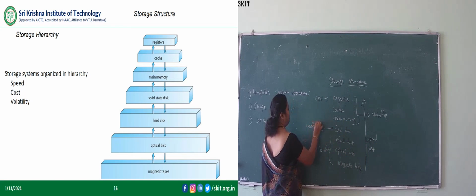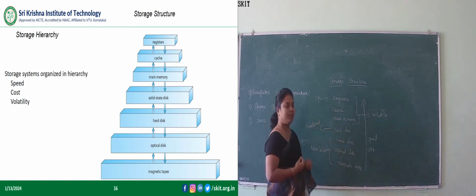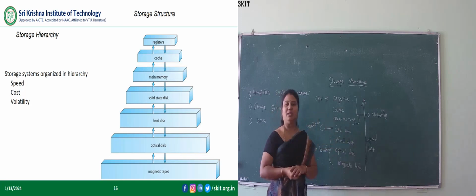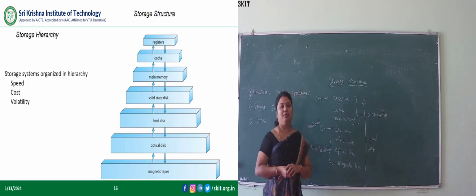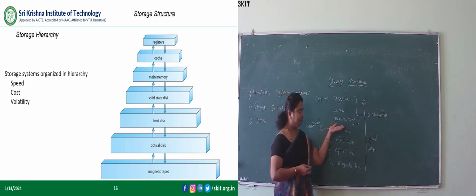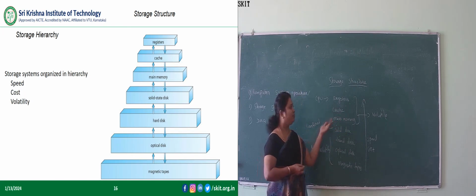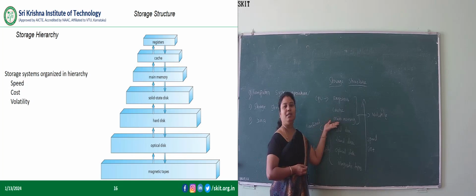It may be volatile or non-volatile, depending on the type. First we will see what volatile and non-volatile mean. In registers, cache memory and main memory, whatever data we enter will be available only as long as power is there in the system. When the power is not there, the data will be erased from the device.